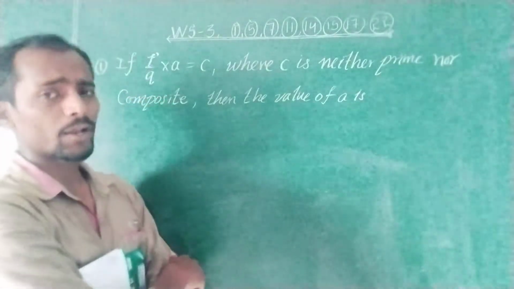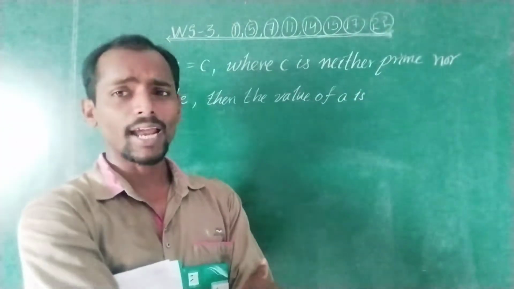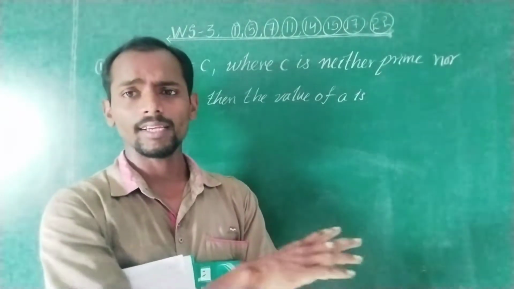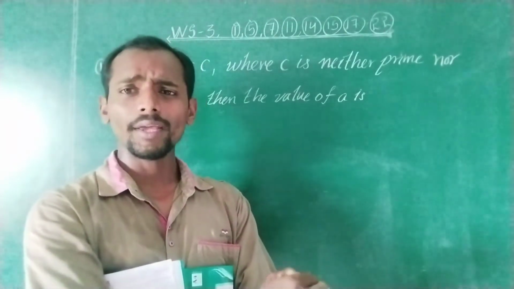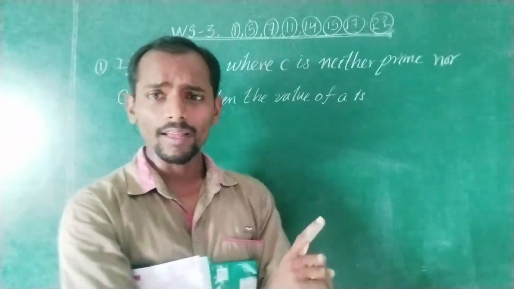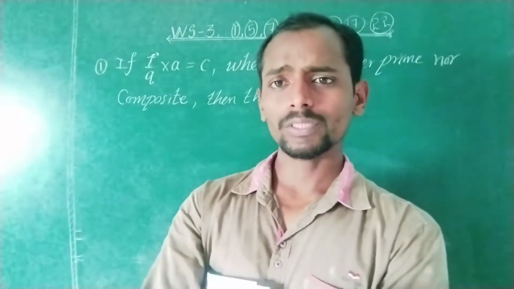If P by Q into A is C, where C is neither prime nor composite, then the value of A is? Here one clue is given: the number C is neither prime nor composite. There is only one number which is neither prime nor composite.